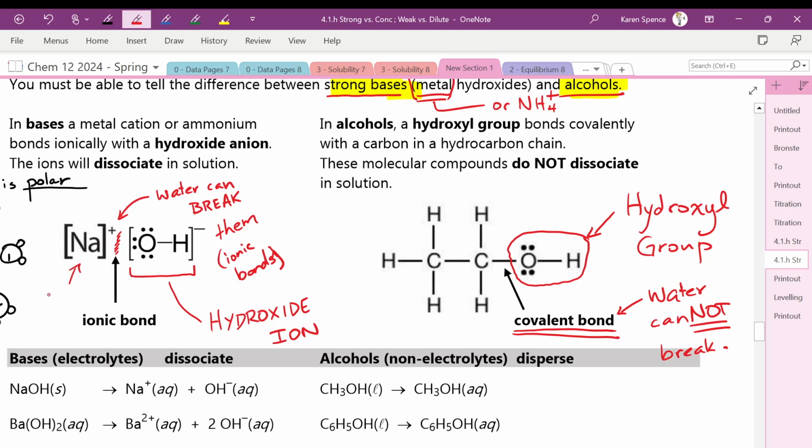So this right here has to be a metal, or it has to be NH4. And that means if you have metal or NH4, you have a base. You have the hydroxide ion, you have a base. It will dissociate in the water. And it will be an electrolyte.